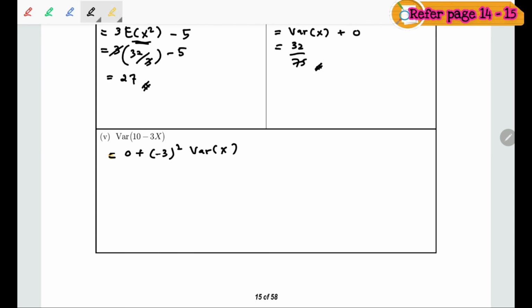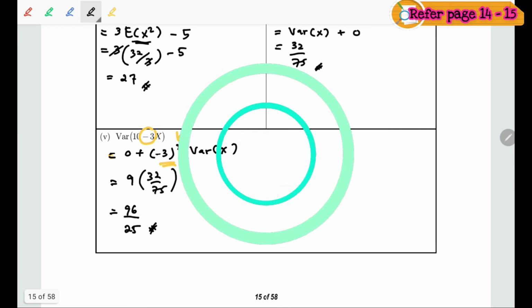Just be careful on this part, especially when involving negative. It should be negative 3 squared. It's supposed to be plus negative 3 squared multiplied with the variance. So negative 3 squared equals 9 multiplied with the variance, which is 32 over 75. So we will get the final answer, 96 over 25. Right, so we have done example 6.